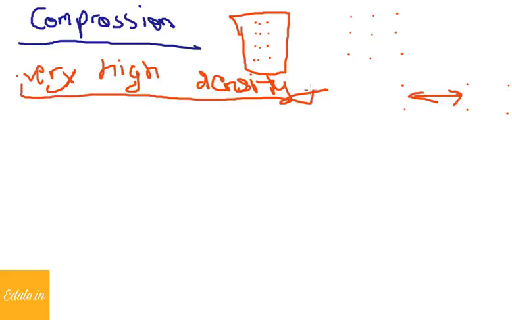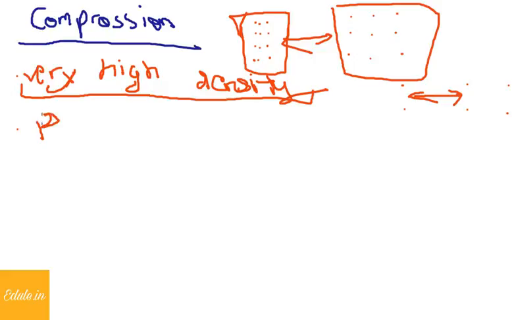That means the pressure should also be high, because if you compress the same particles into a very low space, if this is the original space and this is the new space, imagine them placed in a container. As they are very close to each other, pressure is also high.